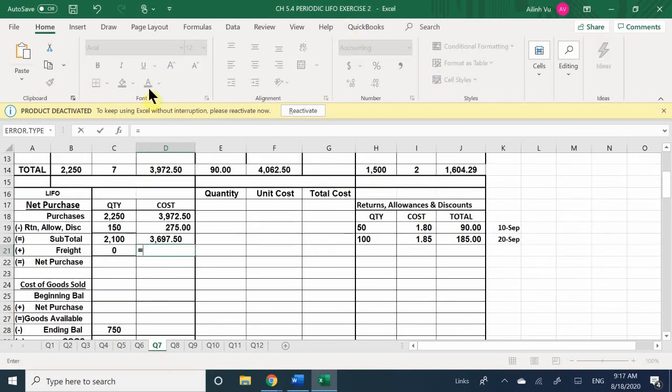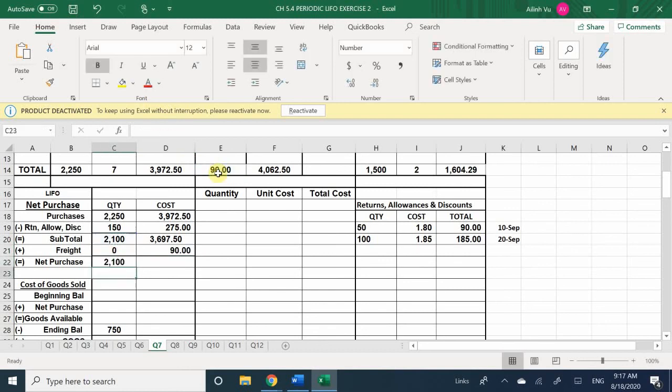All right, my freight adds nothing to my quantity, but what is my total cost for freight? 90. All right, let's go ahead and add those up together. So I should have 2,100, and then what is my total cost here? 3,787.50. Good.